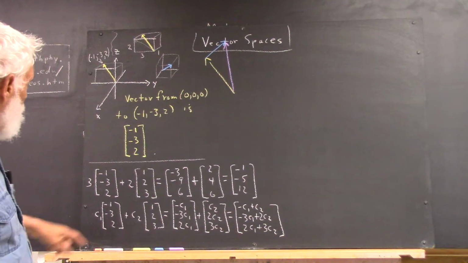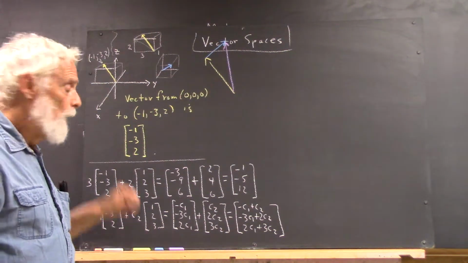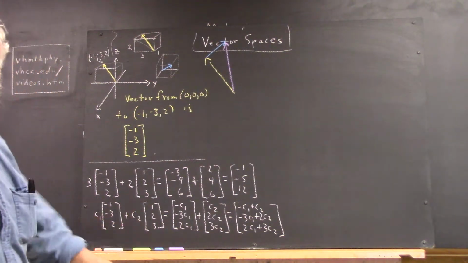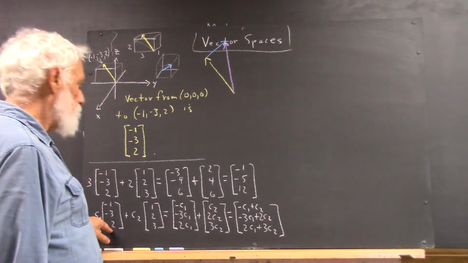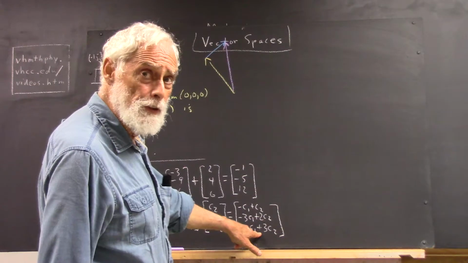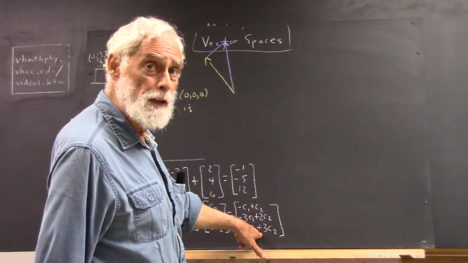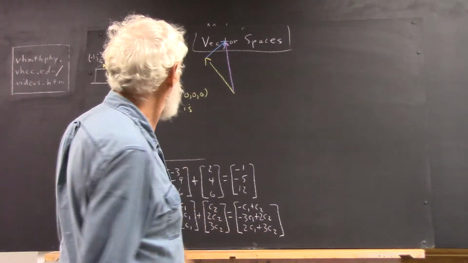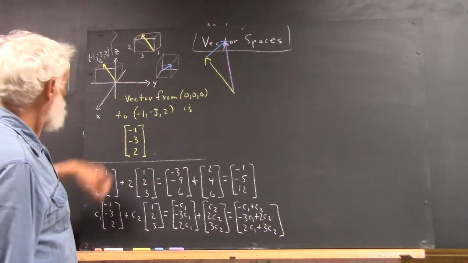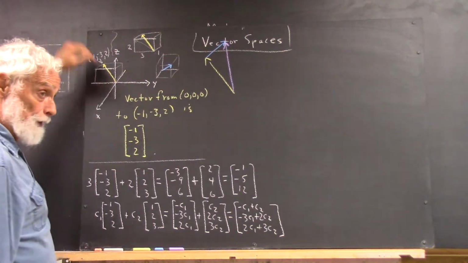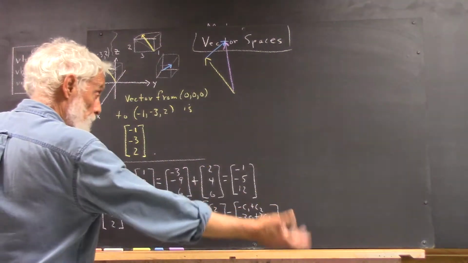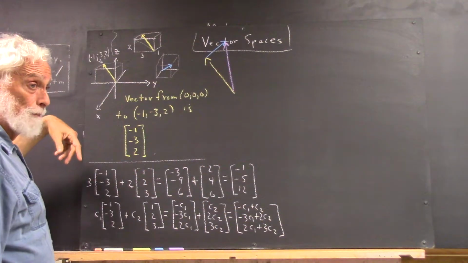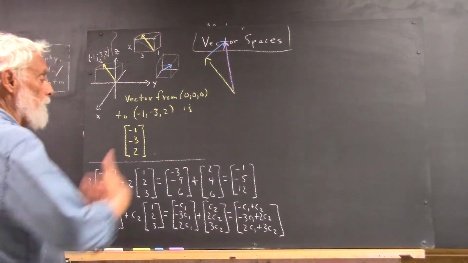Okay, well, now what does this represent? C1 and C2 can be any numbers. So this here could represent any vector that can be obtained by multiplying this by some number, which will either make it longer or shorter depending whether that number is greater or less than 1, and will also reverse its direction if the number is negative.